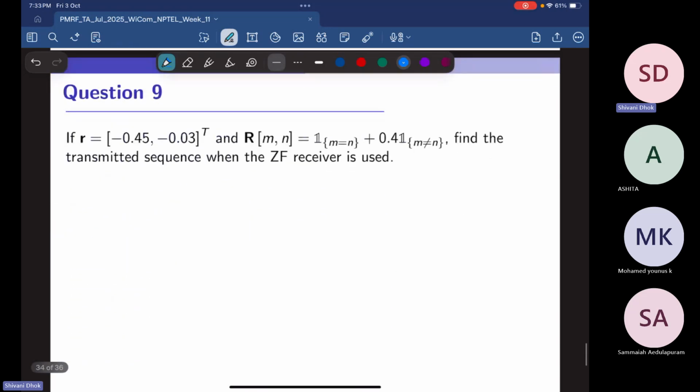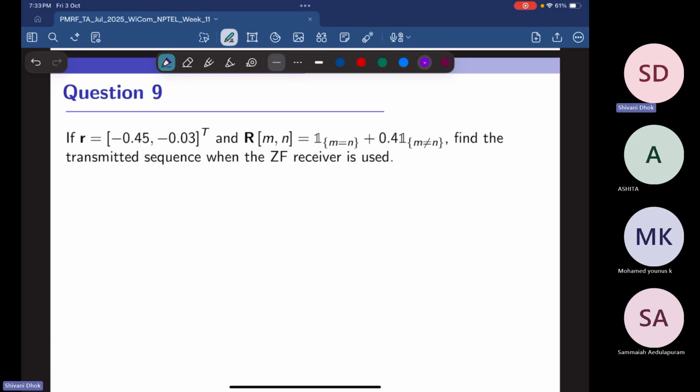Okay. If there are no questions, then let me move on to the next question. So we are given the same set of values now. Your R is the same, and your cross correlation matrix is also the same. Now what we need to do is find the transmitted sequence when a zero forcing receiver is used.